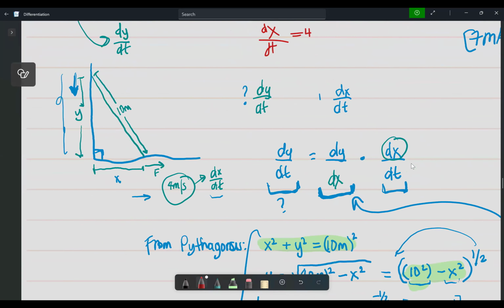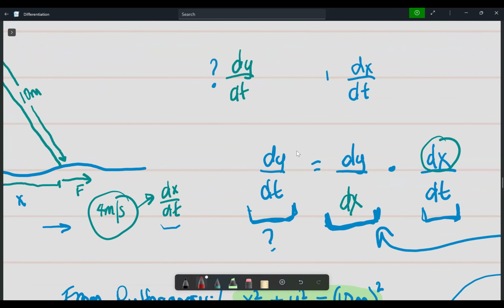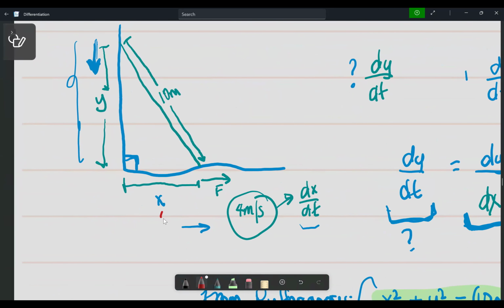So what this is saying is that when x is 6 meters away from the wall, and it's still sliding at the rate of 4 meters per second, y is falling down at 3 meters per second.